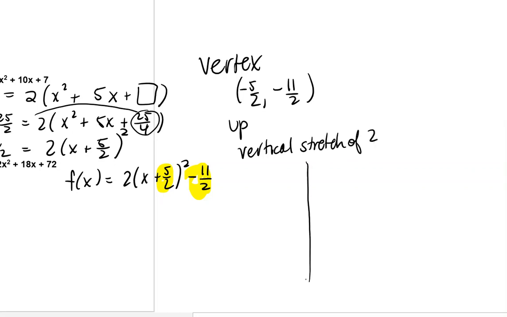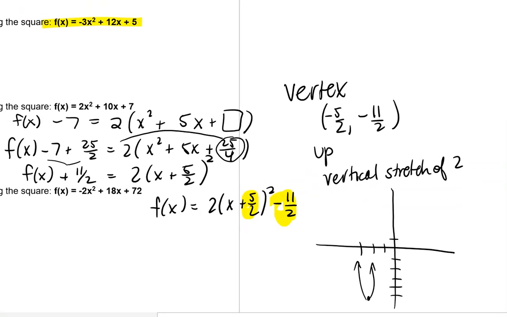So if I was going to sketch it very, very roughly, 1, 2, 3, 4, 5, so 5.5 and 2.5, it would be like that, and then upwards. Okay, that's a very, very rough sketch.